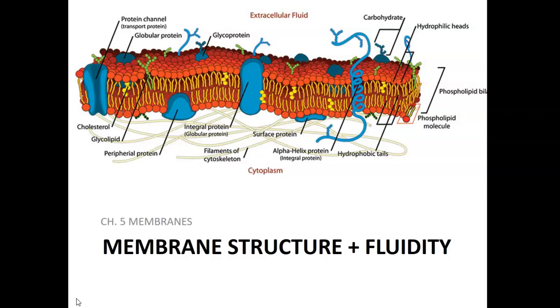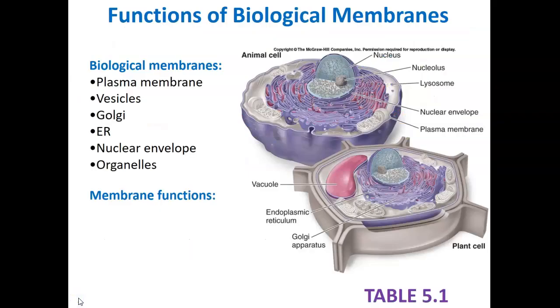When we think about biological membranes, we automatically think of the plasma membrane, the membrane that's going to differentiate the inside of the cell from the outside of the cell. But there are membranes all throughout the cell, things such as the endoplasmic reticulum and the Golgi apparatus.